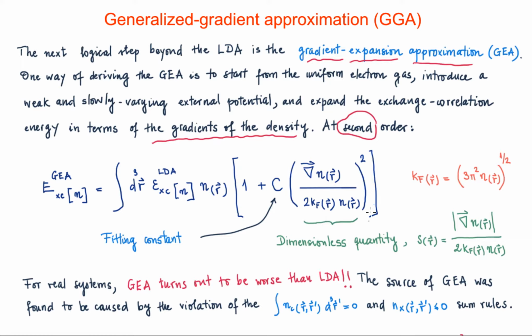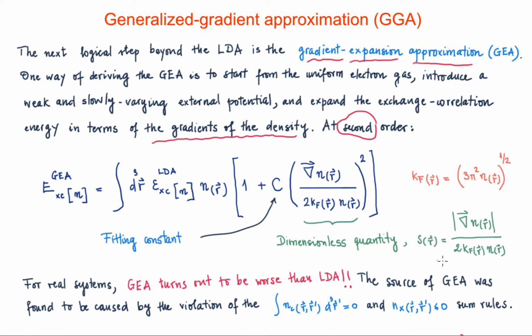So that constant can be considered as a fitting constant, so that you can fit it in order to recover some property of the system that you want to describe. That dimensionless quantity basically is the modulus of the gradient of the density over 2 times Kf. Of course, Kf depends on the density, and the density depends on the position, so it will also depend on the position vector.